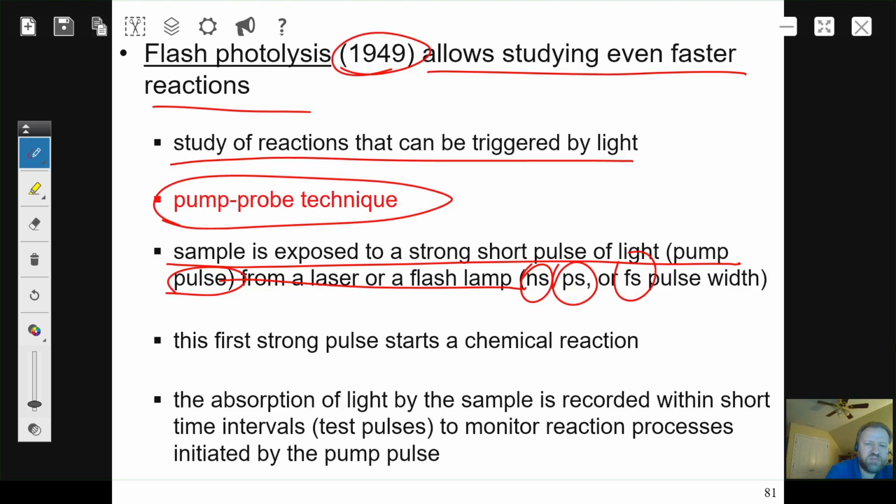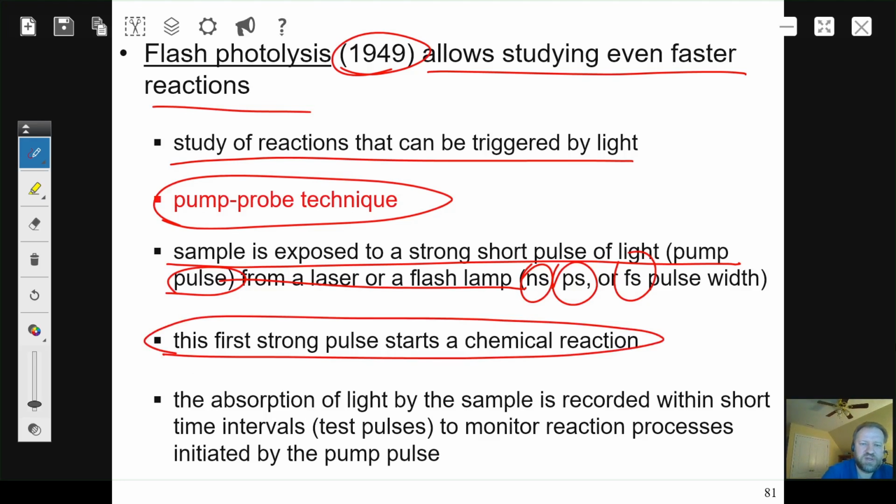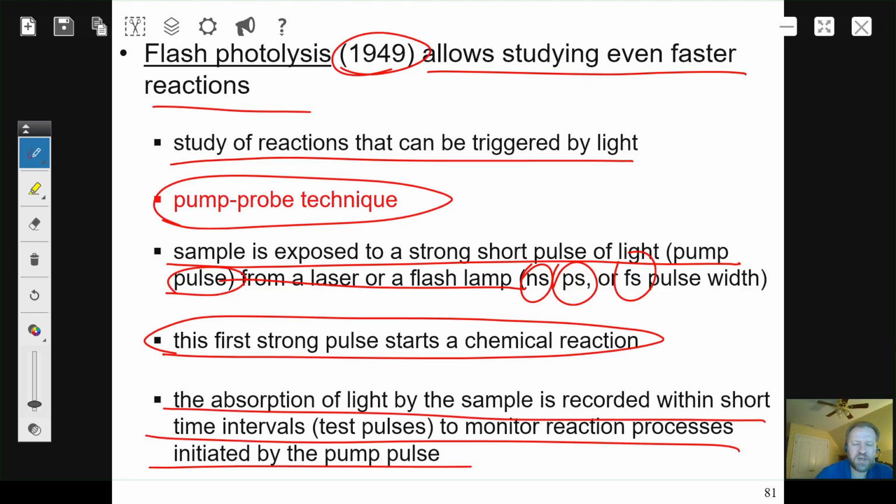Now, this first strong pulse starts the chemical reaction, and then the subsequent pulse will probe the sample, usually spectrophotometrically. So absorption of light by the sample is recorded within a short time interval.